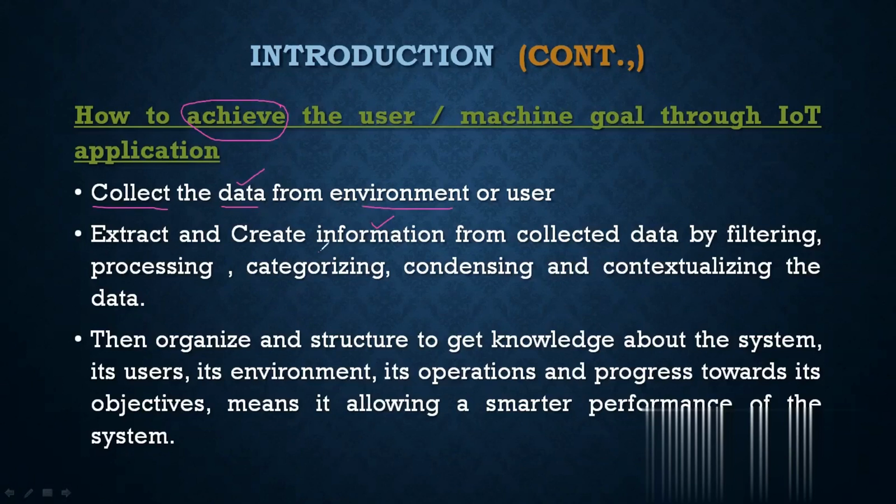But come to information. Information has some meaning. So from the collected data, you have to extract it and create meaningful information. How we extract and create this information from the collected data is the question. For this extracting purpose, we have to follow some operations. Those are filtering, processing, categorizing, condensing, and contextualizing.